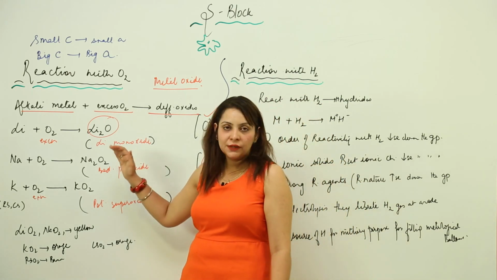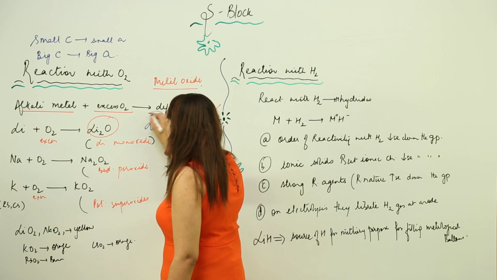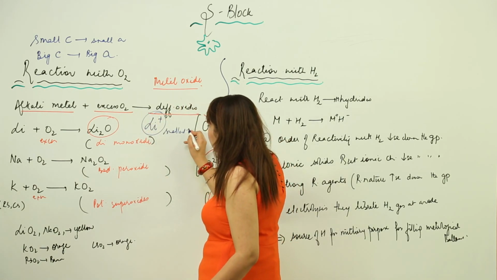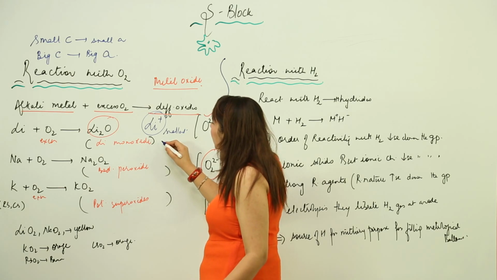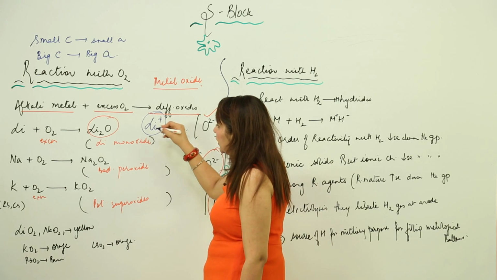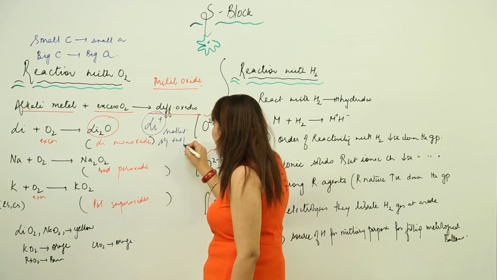But what we observe in this case is that lithium, as we know, is the smallest of all. Lithium has the smallest size, and that means it has a strong positive field.